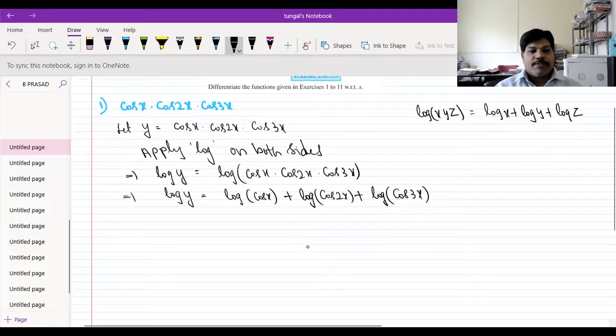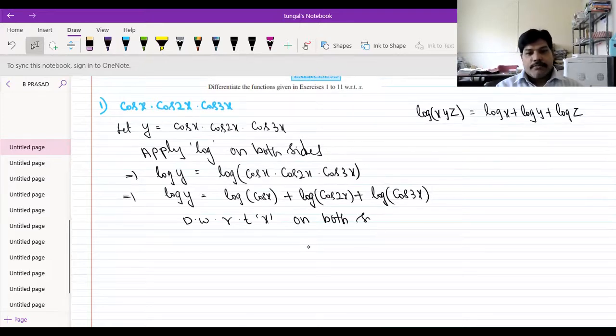So differentiate with respect to x on both the sides. What happens, students?